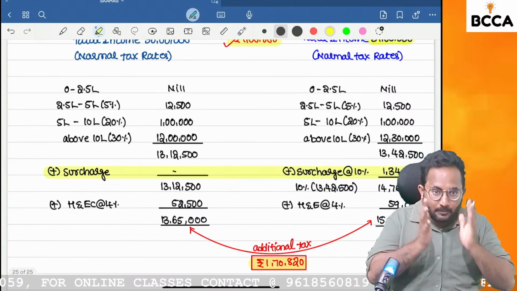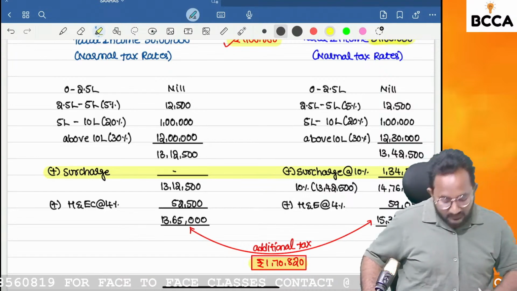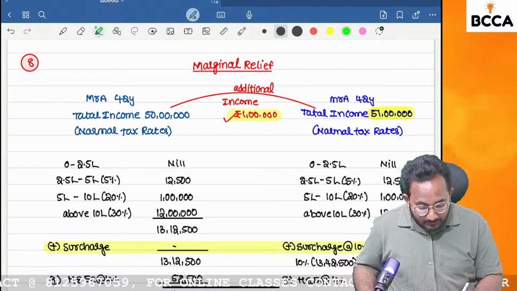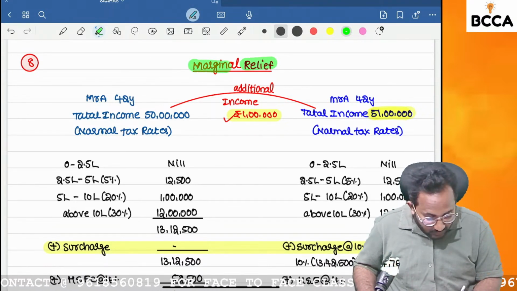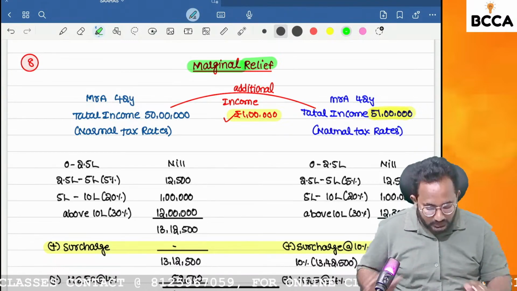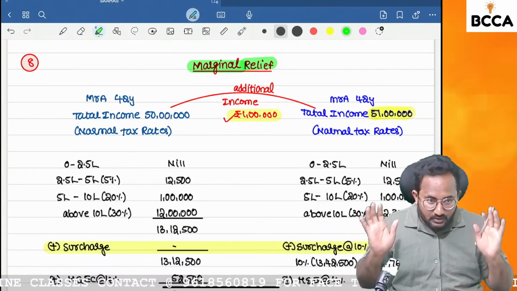That means you have to pay more tax than your additional income. In this situation, the department is ready to give some relief for you. That relief is also not huge. That is small only. So that is called marginal relief. So they don't want to give that huge amount of relief to you. They want to give you a small amount of relief only.